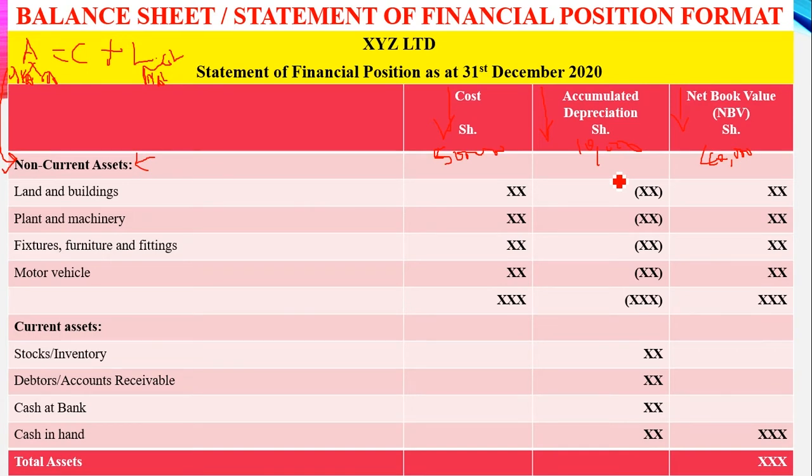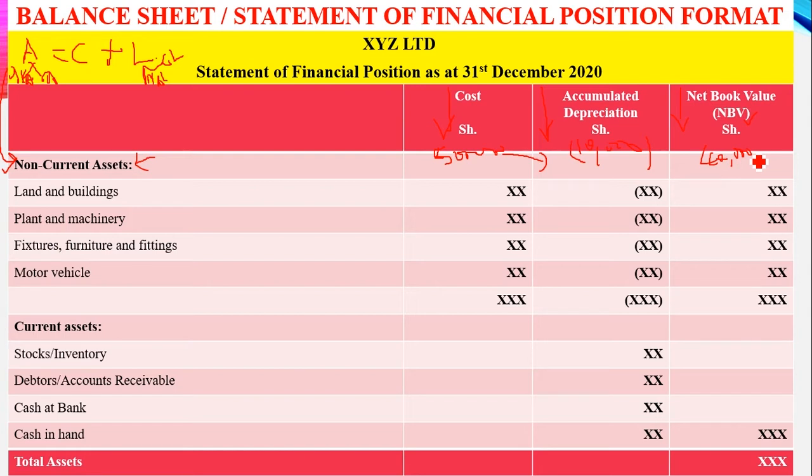That provision is normally added to depreciation for that particular year, giving accumulated depreciation. That is why it's called accumulated, because it combines the provision for depreciation and the depreciation for that particular year. So when you subtract the depreciation from the cost, whatever you get is the net book value, NBV. Net book value is the value of that asset at that given time.